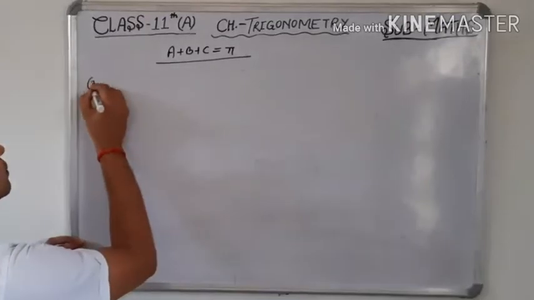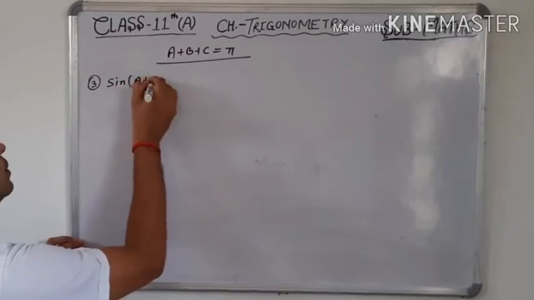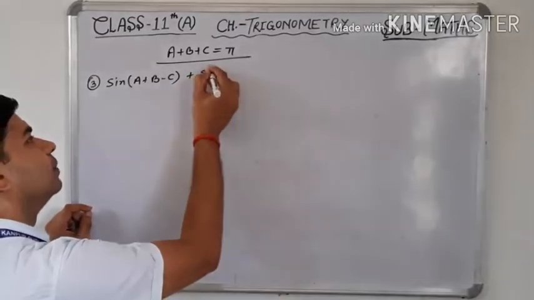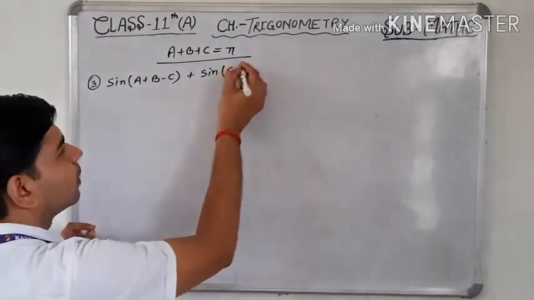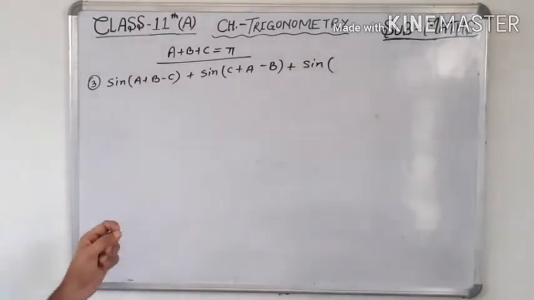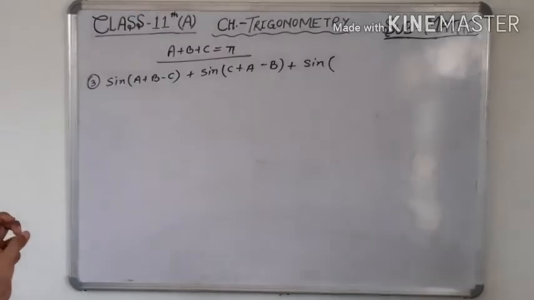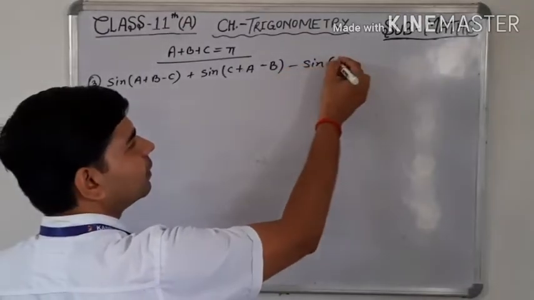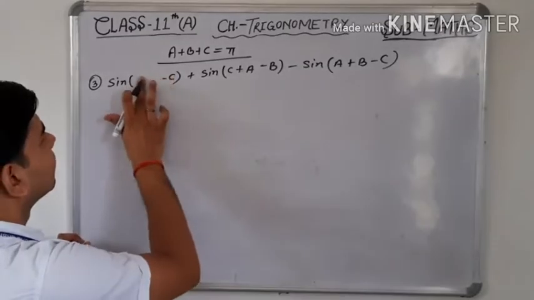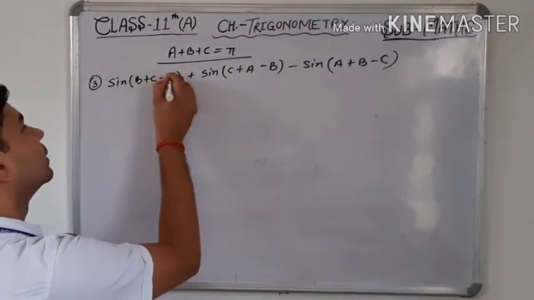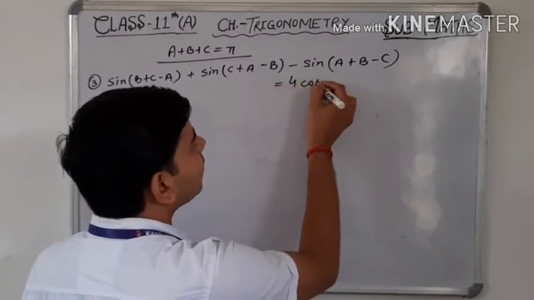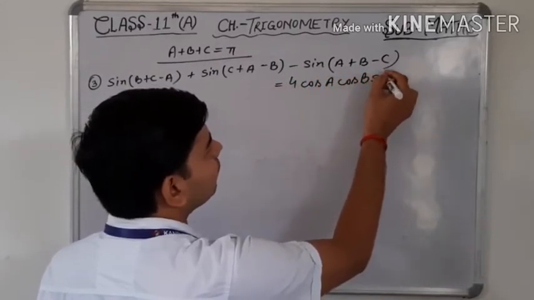The question is sin of a plus b minus c plus sin of c plus a minus b plus sin of b plus c minus a minus sin of a plus b minus c, and this is equal to 4 cos a cos b sin c.